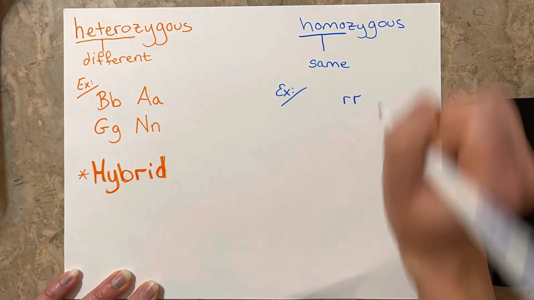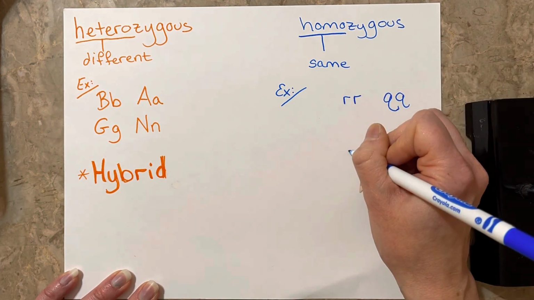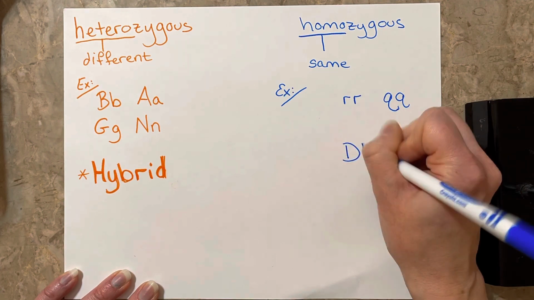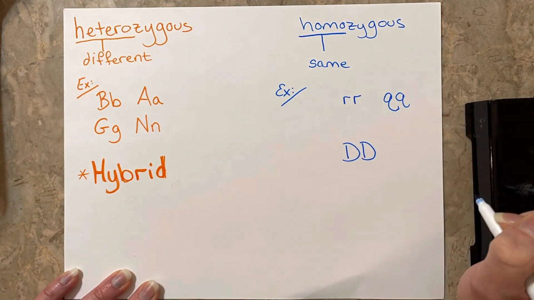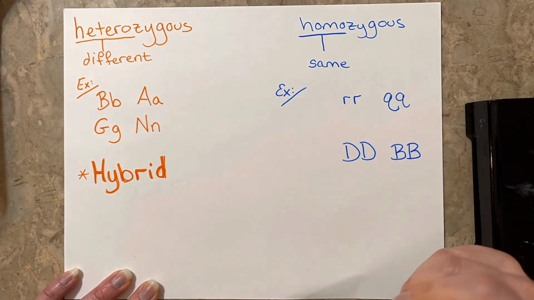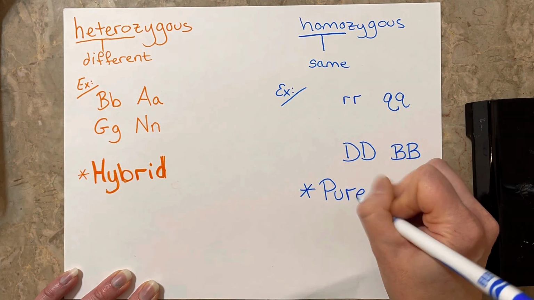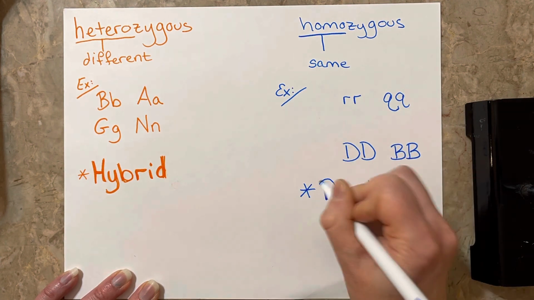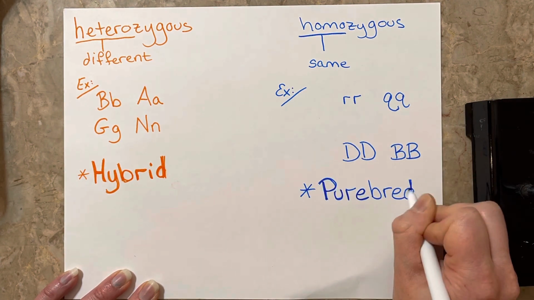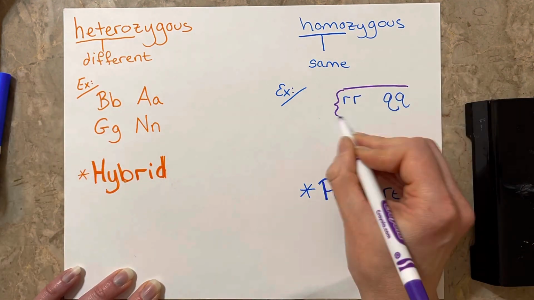So, for example, little r, they are both lowercase. Little q, they are both lowercase. And to differentiate between when we have a little r and a little r, or a big R and a big R, we label them homozygous recessive, meaning that same recessive.